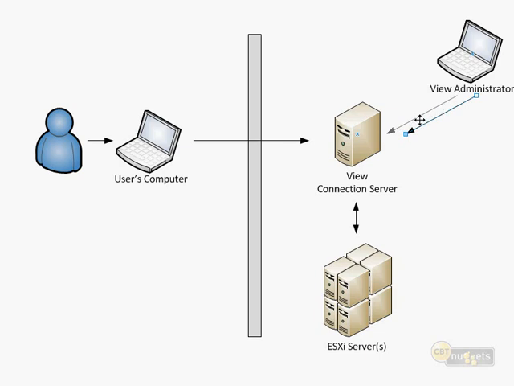Now, the View Administrator here, when you go to create virtual machines, in the most simple of situations, what you're going to do within the View Administrator console is instruct View Connection Server to work with the ESXi servers. You, depending on which mode you use, may have to pre-generate those virtual machines before View Connection Server can actually bring them into a desktop pool.